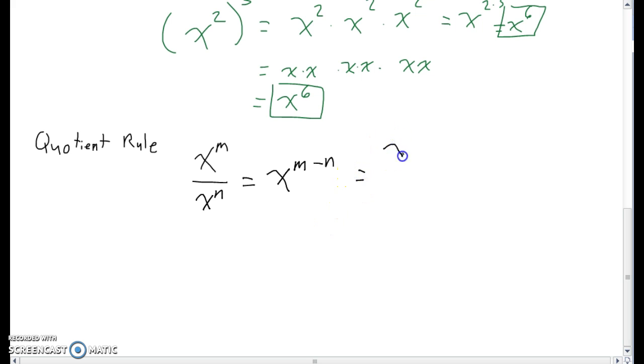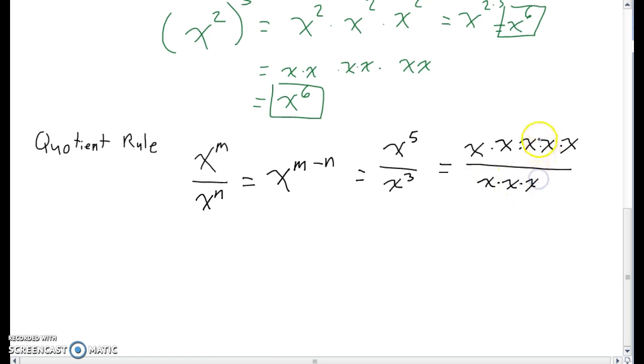Let's use x to the fifth divided by x to the third. I can rewrite this as x times x times x times x times x over x times x times x. We've got 3 x's here.